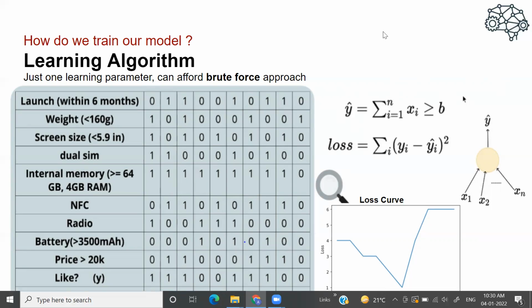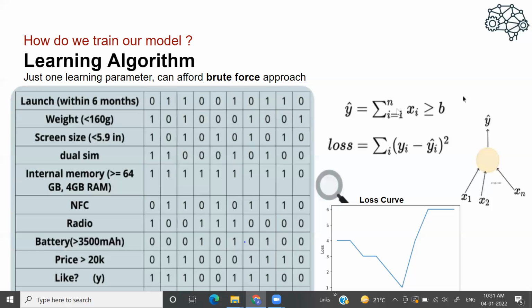If we are able to figure out the optimal value of b, then we can say that our model is learned and we can make predictions on unknown data. So learning of the MP neuron model is as straightforward as finding the optimal value of b, which is the threshold.